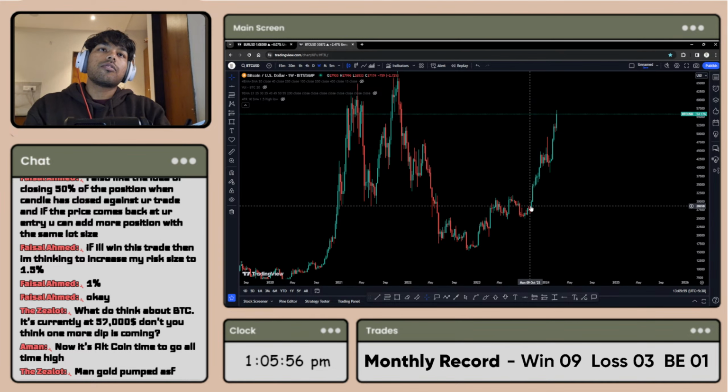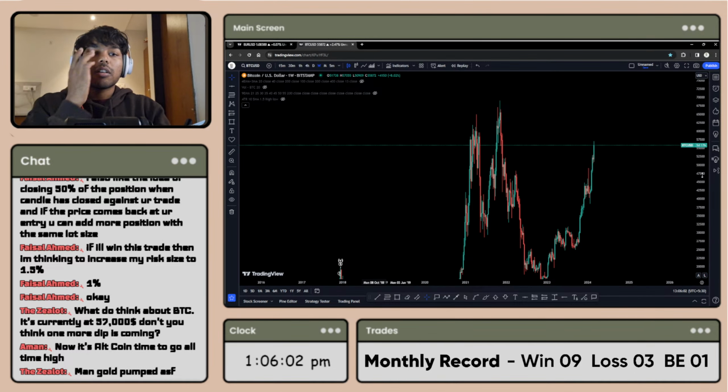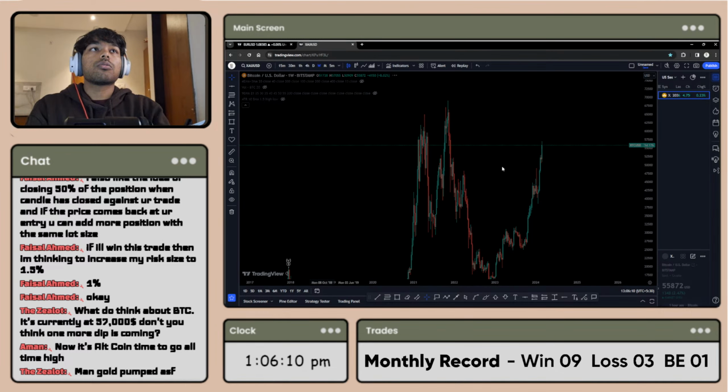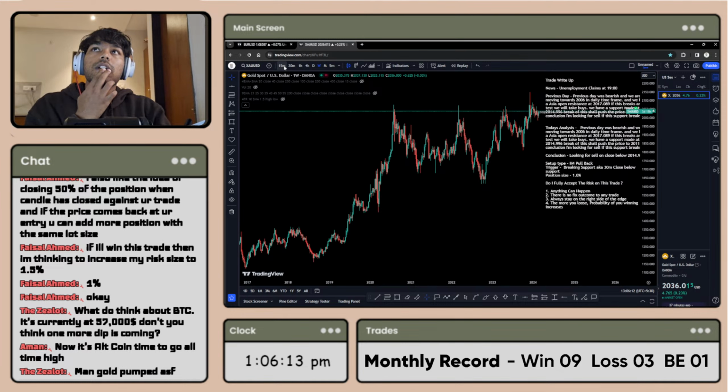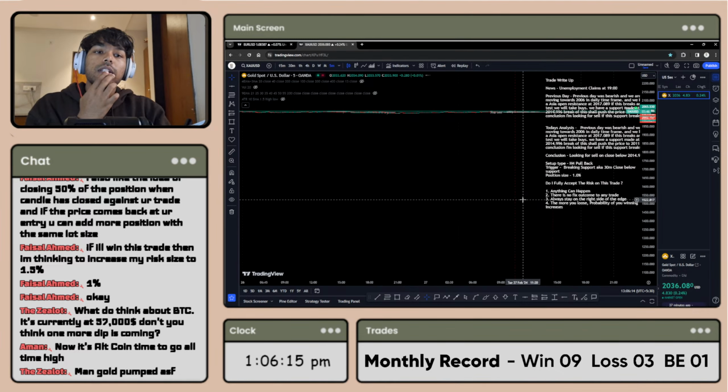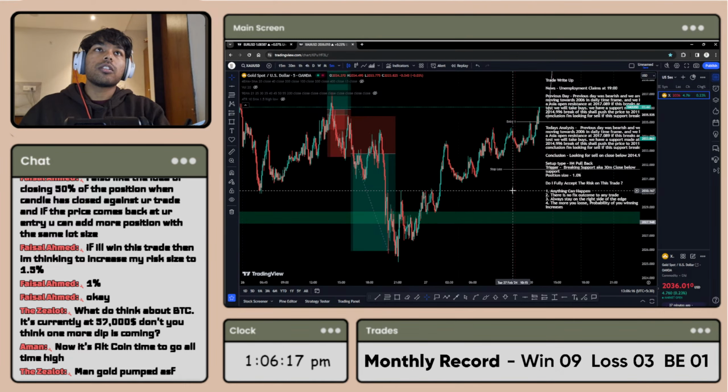This was the candle where you could have bought. And recently the Bitcoin ETF has also been passed, so there are chances it can go to even all time highs.